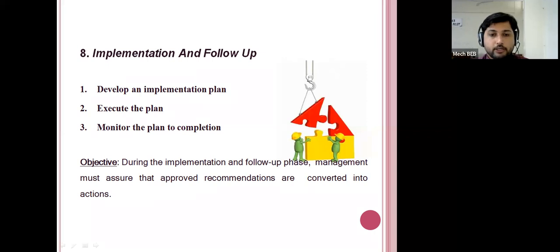The objective of this implementation phase is that management must assure that approved recommendations are converted into action. Whatever is approved in the meeting, in the presentation, will be converted as it is into the product. That will be ensured by the management.